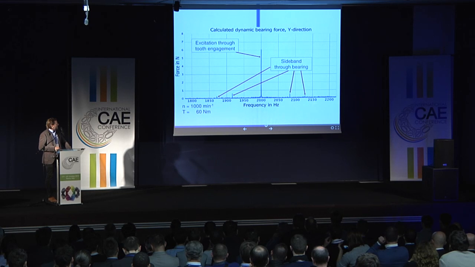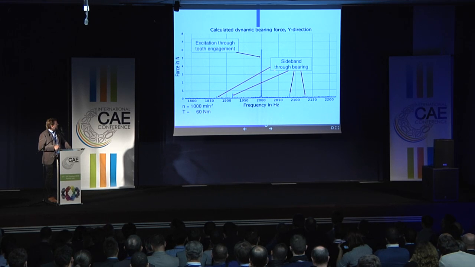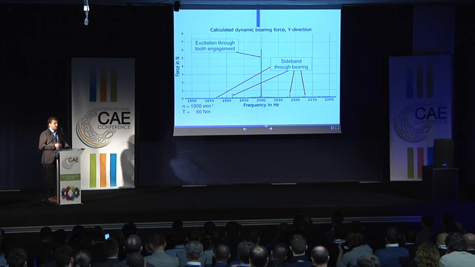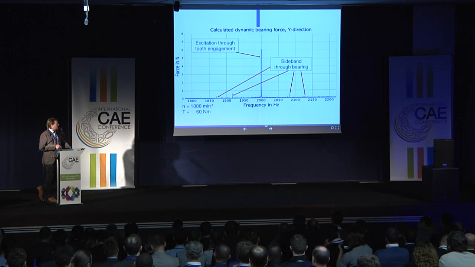So now we have the frequency range between 2200 and 1800 Hertz, tooth meshing frequency, and we see side bands through the bearings because every shaft of the powertrain contains 2 bearings, different rolling element frequencies, so we have to see side bands from the bearings right here and here.